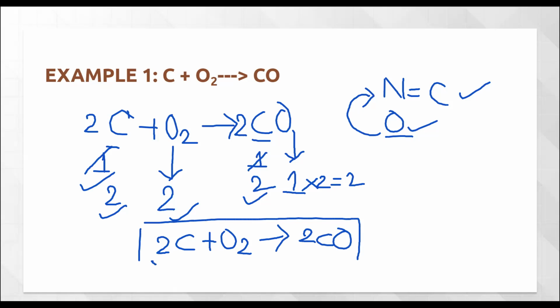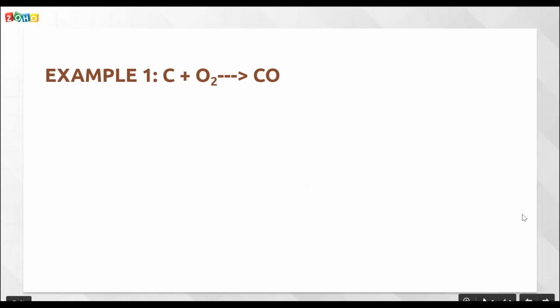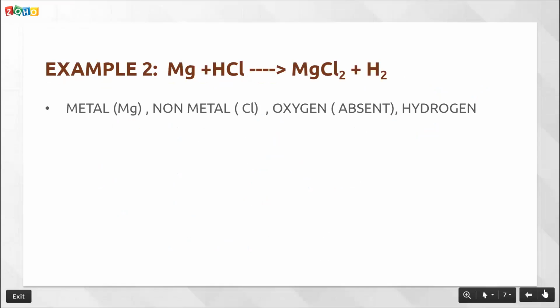In a similar way, we'll practice certain more chemical equations, balancing of certain more chemical equations using this way. Now move to the second chemical equation, that is Mg plus HCl gives MgCl2 plus H2.